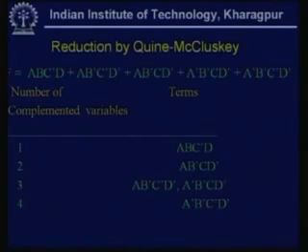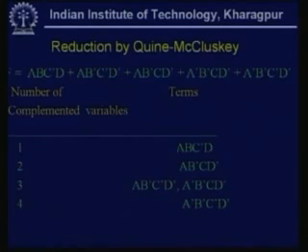See there is only one term, only one min term a b c dash d. See here this c dash is complemented. So, it is 1. If the number of complemented variables are 2, I have only one min term where this b dash and d dash, that means 2 complemented variables are there.